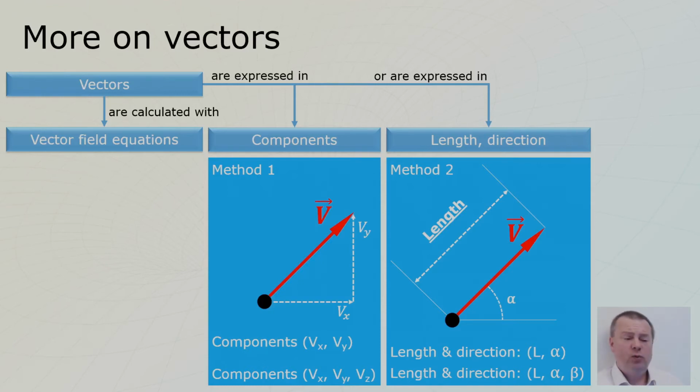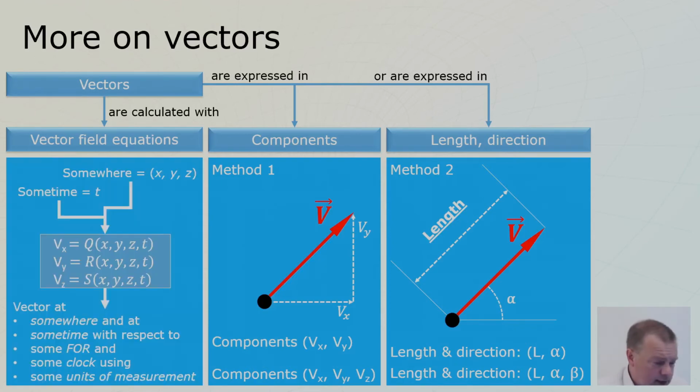Then, how do we calculate these vectors? Well, we use vector field equations. Here they are. In goes a somewhere, the coordinates x, y and z. A black dot goes into the magic blue vector field equation box. And we put in some time, right? Because vectors can depend on time as well.